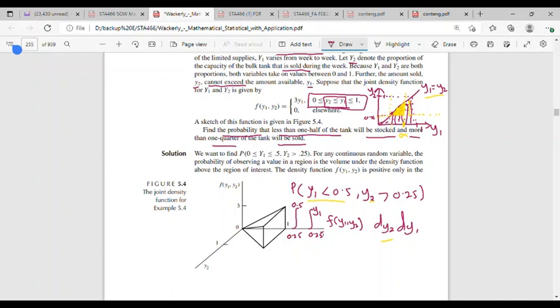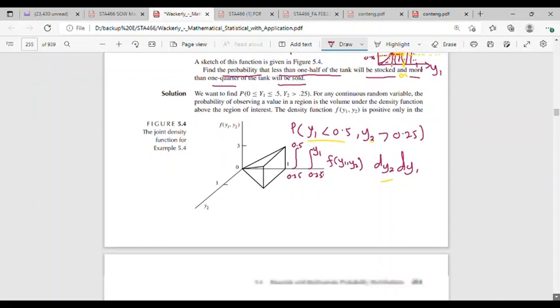Kenapa tak boleh start daripada kosong? Sebab kita start di sini. Okay? Di sini. Sini adalah 0.25. Sebab 0.25 kan untuk y2 tadi 0.25. So because of that, kita start daripada 0.25 sehingga 0.5. Dan integrate lah. Integrate macam biasa.